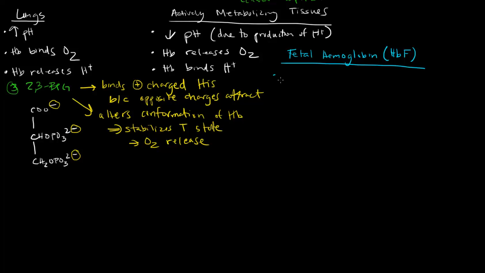I'm just going to straight up say it: it has a higher affinity for oxygen than maternal hemoglobin, or just hemoglobin, Hb. In case it's not clear, adult hemoglobin is just maternal hemoglobin.